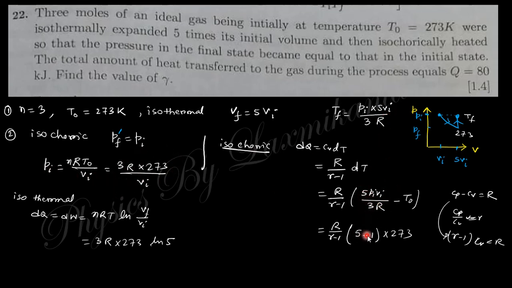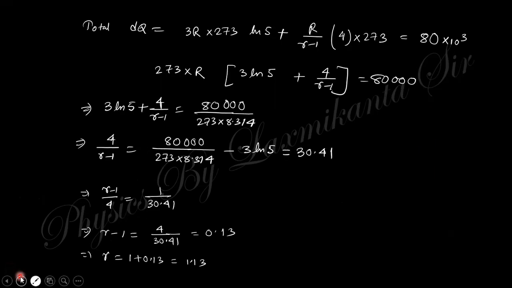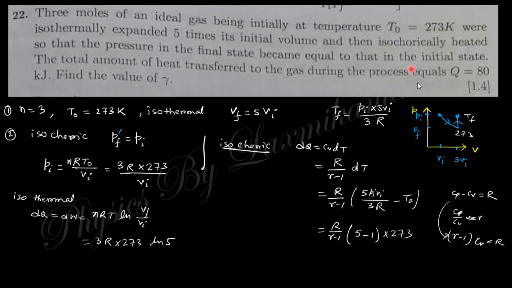So this is 5 into 273 minus 273, so 5 minus 1, like that. The total heat will be the addition of these two things. You will get the 80 kilojoule. If you compare with 80, finally we get the gamma value as 1.13. But the answer is 1.4. So if anyone finds any error, you must comment in the comment box.